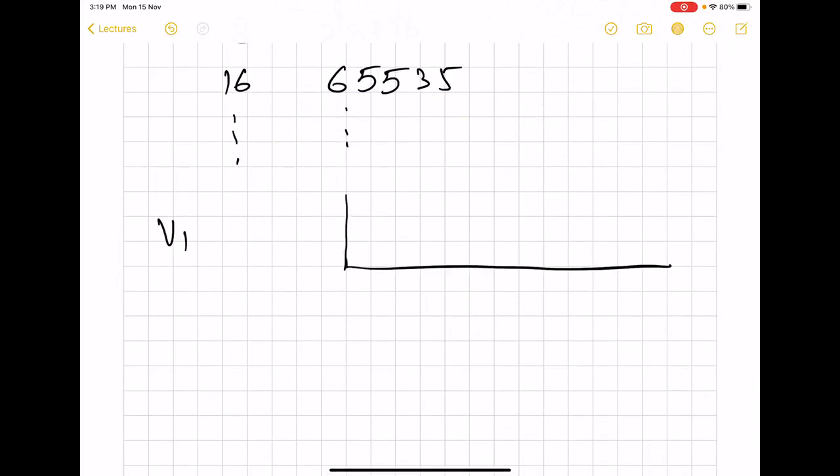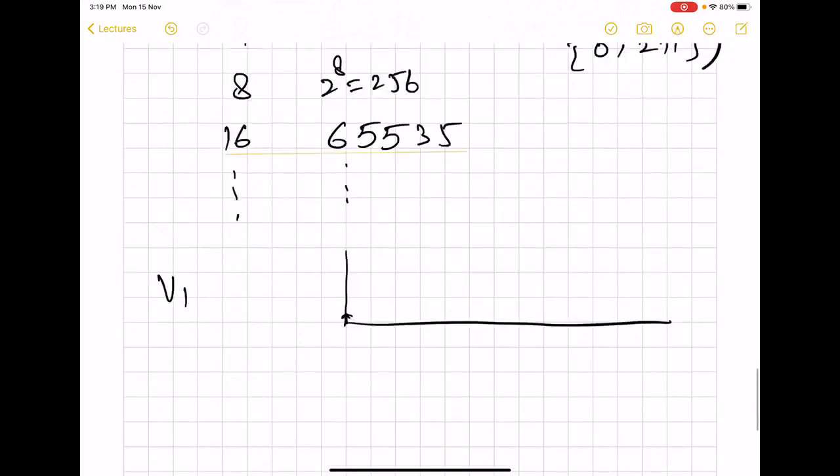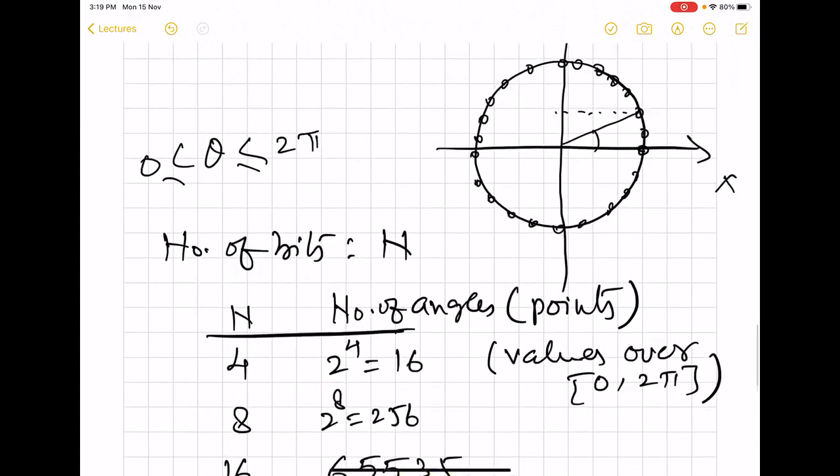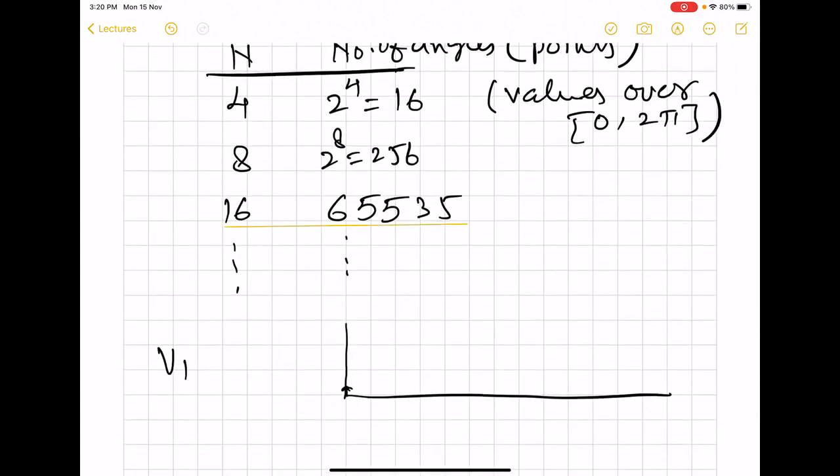Say it will start from very low value. So what it will do is it will keep on outputting or providing at the output these angle informations starting from 0 to 2 pi, like this.